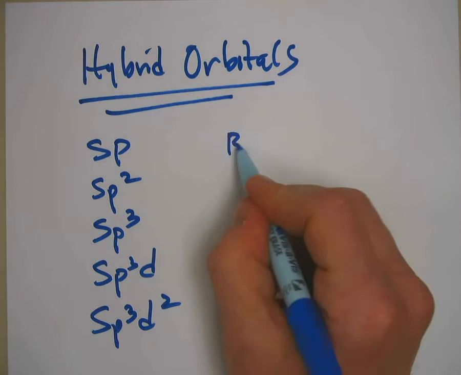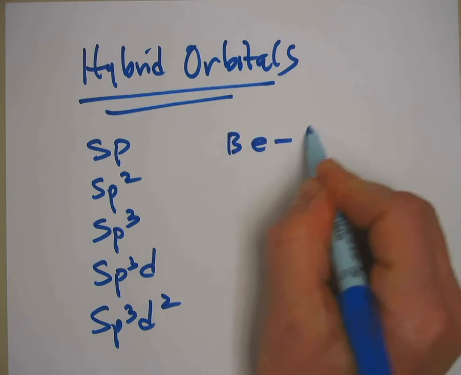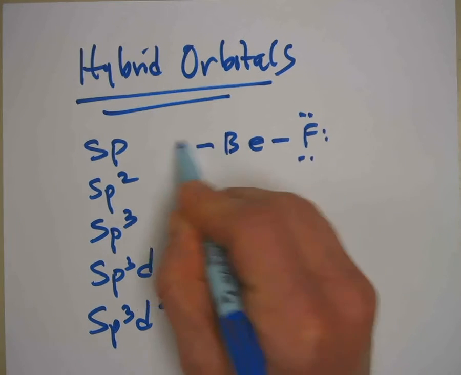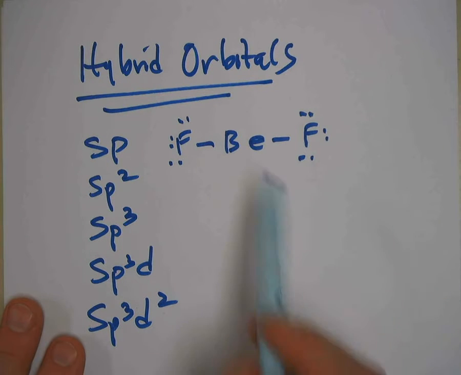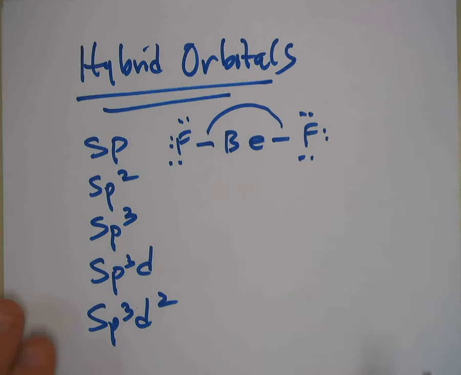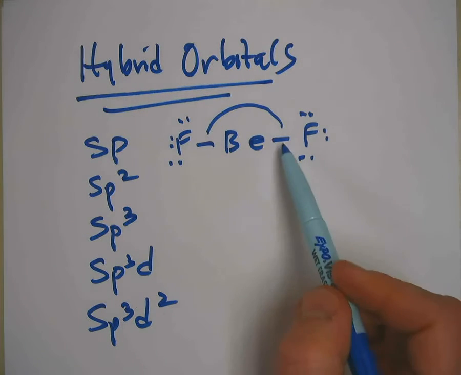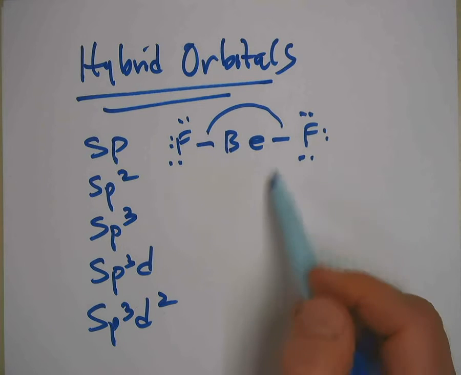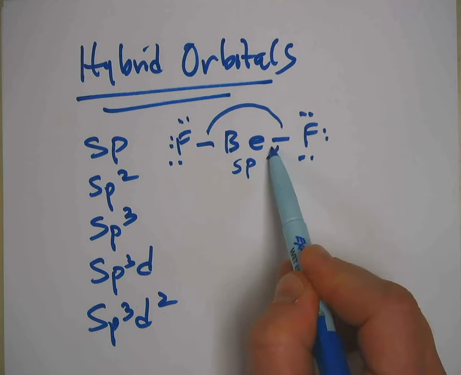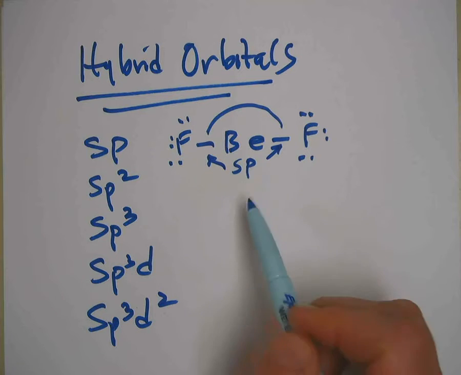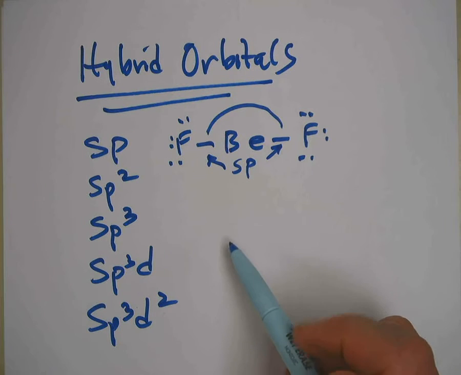If you have 2 things, for example, BeF, I know Be is a metal, but they use this as an example anyway because it's kind of like a nonmetal. Totally breaks all the rules because there's only 2 shared pairs of electrons right here. Linear, these hybridize to be sp hybridized orbitals of equal energy. One from the s, one from the p's. Okay?